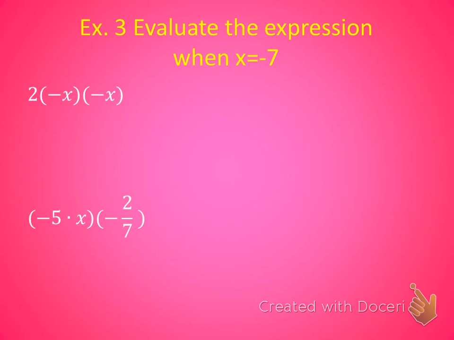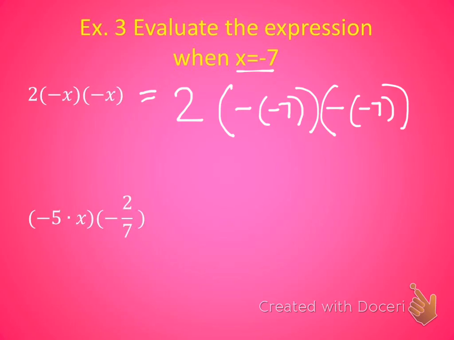So let's look. They told us that x is equal to negative 7. So I've got 2 times, what does the x already have attached to it? A negative. So guess what? That can't go away. What am I plugging in for x? Negative 7. I've got a negative sign, and then I'm plugging in negative 7.